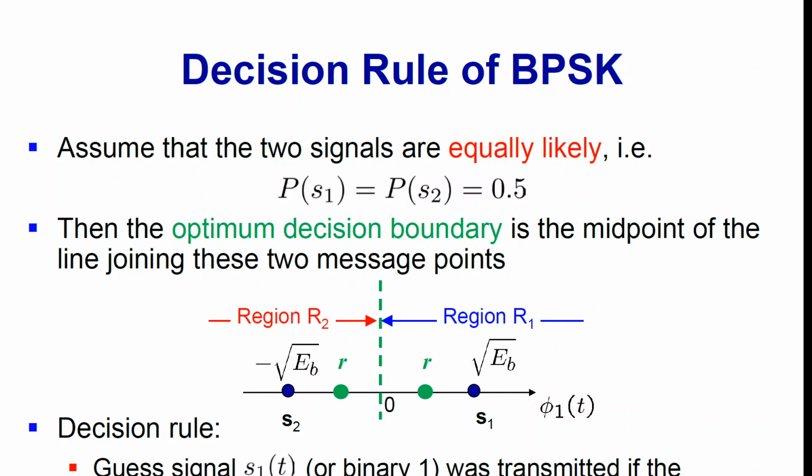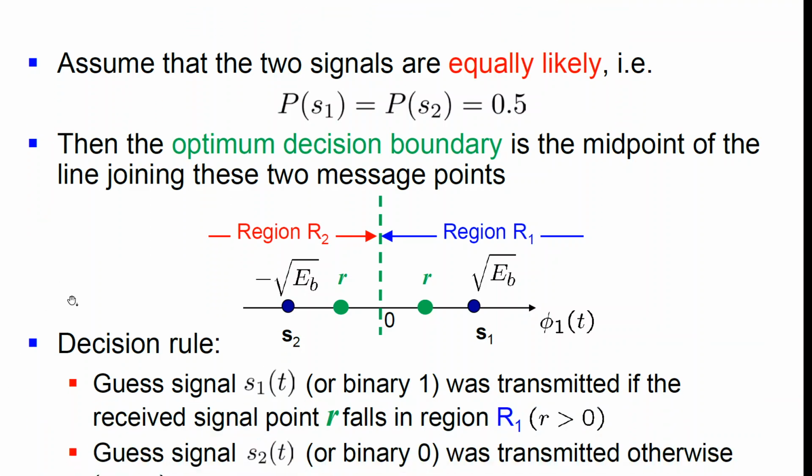For the binary case we define two different regions, and if the received point falls in region R1, then we can say that S1 was sent, and if it falls in region R2, then we can say that S2 was sent. So to find this 0, we have to use the Euclidean distance principle.